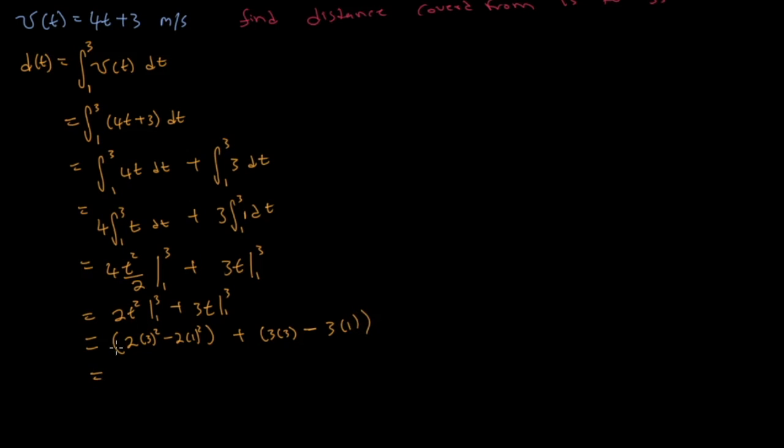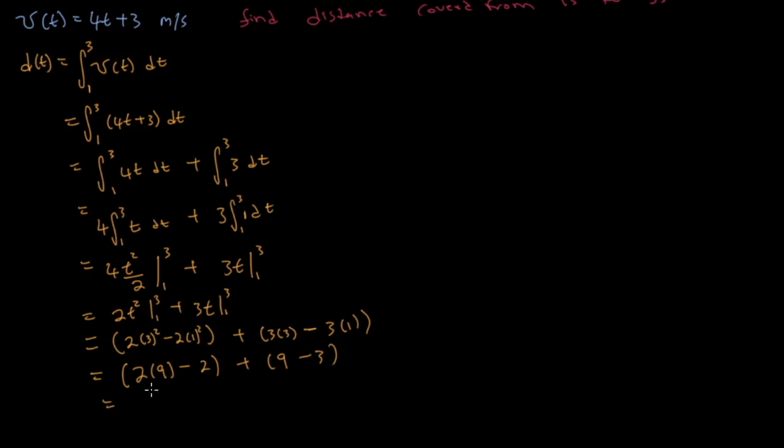And then from this point on, we'll go ahead and simplify this even further. We got 2 times 9 minus 2 times 1, plus 9 minus 3.